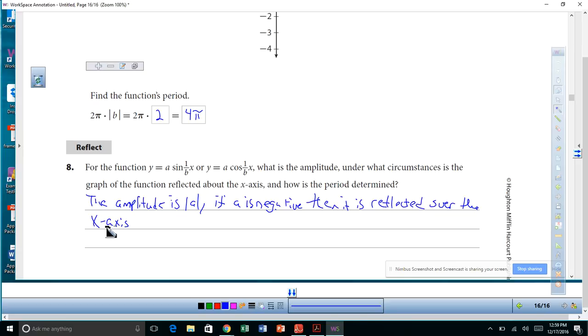All right, good. And the period is determined by the absolute value of b. All right, good.